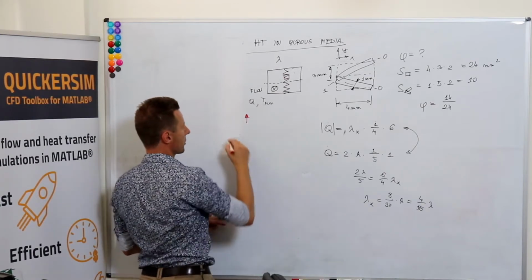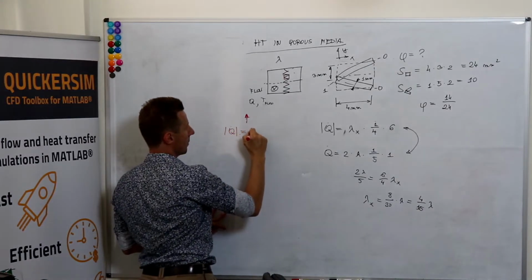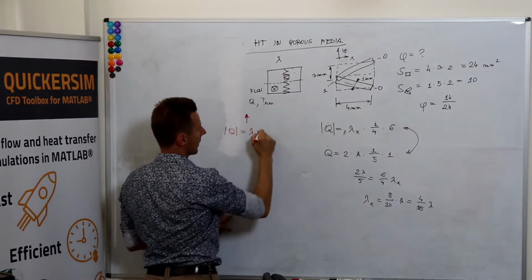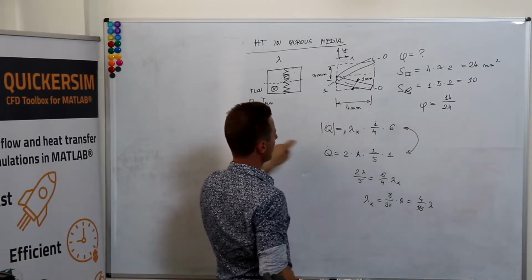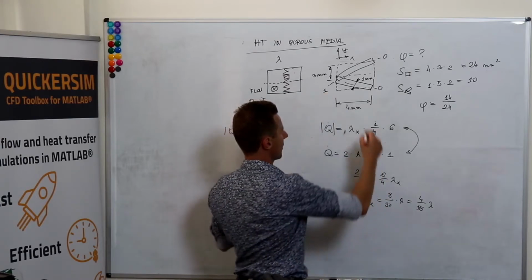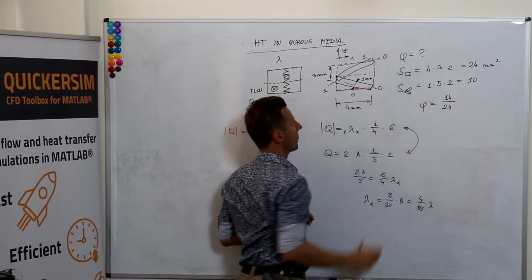In the vertical direction, the magnitude of the heat flux will be lambda y times, again, the average quantities. Then we've got, let's say, this boundary is now 0. This one is 1.